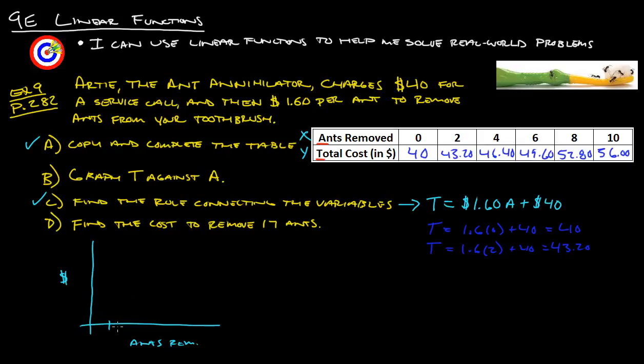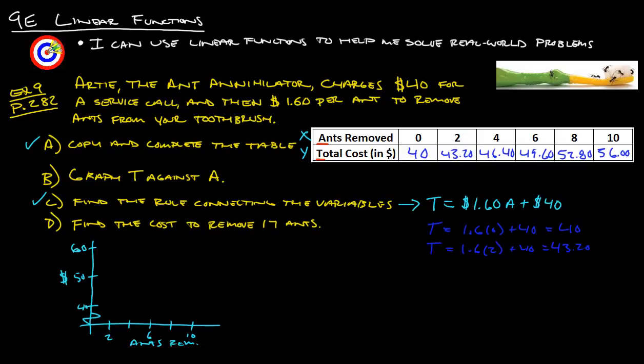All right, so let's go 2, 4, 6, 8, 10. You don't have to label every single one, as long as your scale is consistent, you're good. And then again, we don't want to start at 0, we want to start at 40. So let's make a broken graph and put 40 here, and maybe 50, and then 60.